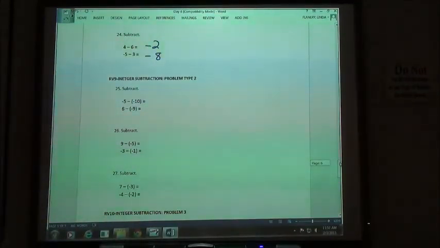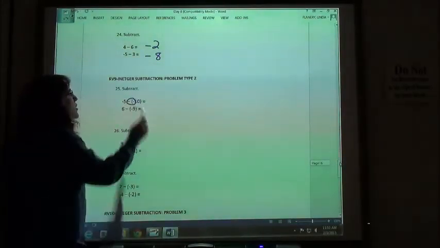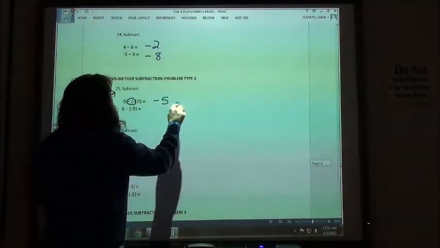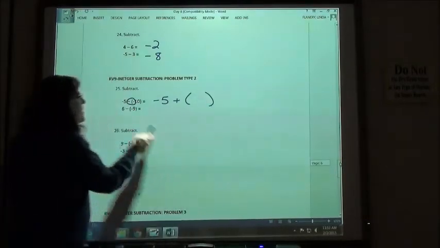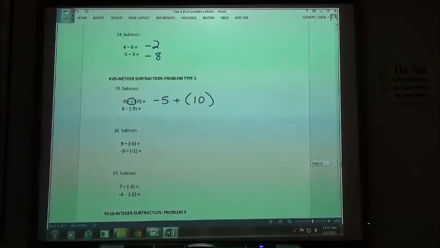Now number 25, 26, and 27 have the rule for subtraction. Subtraction is adding the opposite. So I'm going to do negative 5, I'm going to add the opposite of a negative 10, which is a positive 10.